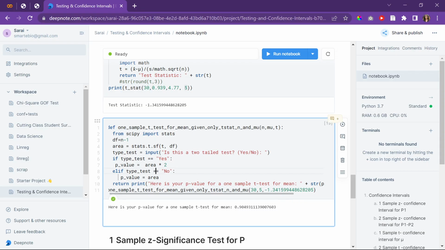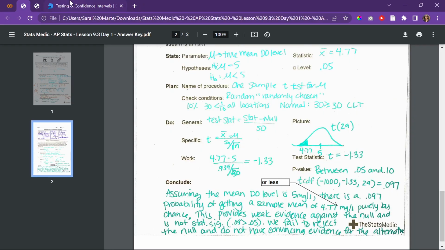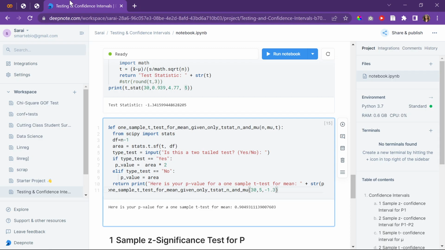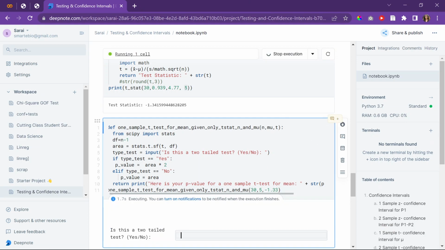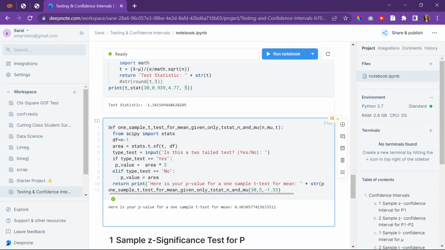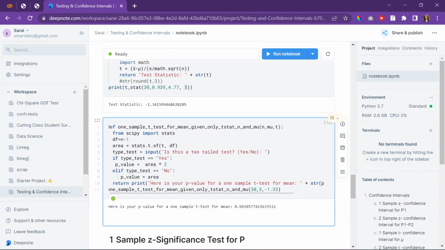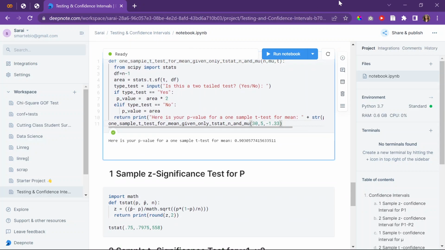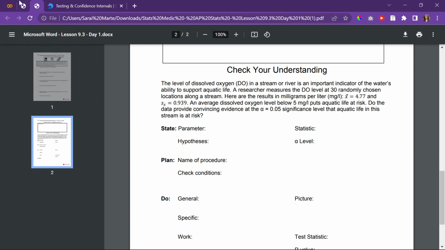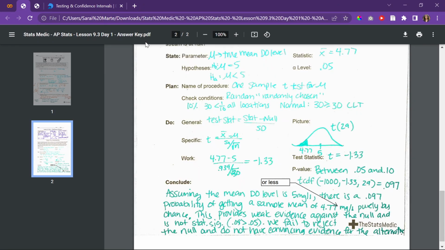What if I use their p-value? Negative, well, 1.33? I didn't round anything, so... 0.903. They said 0.097.